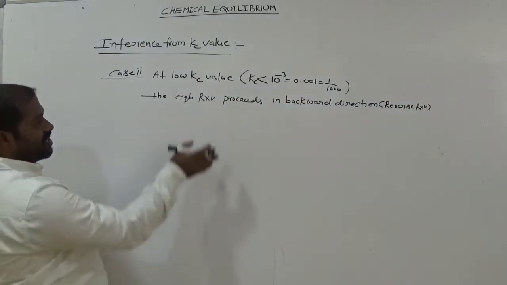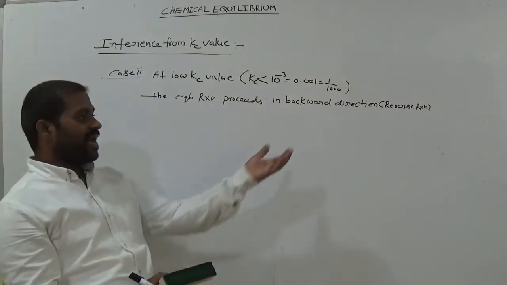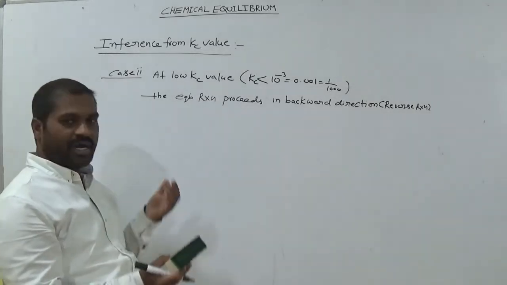Okay. So at low Kc value, what happened? The reaction favors the reversible, or it is the backward reaction.